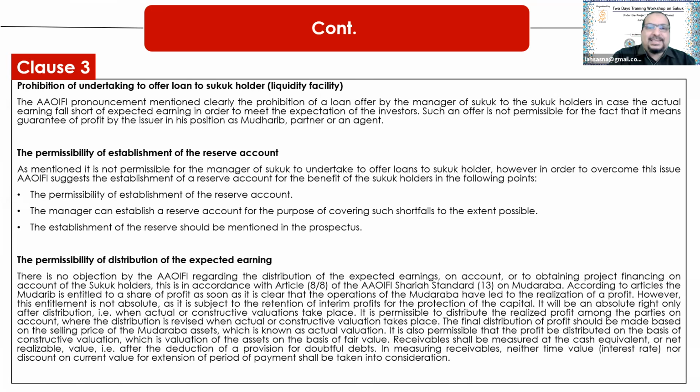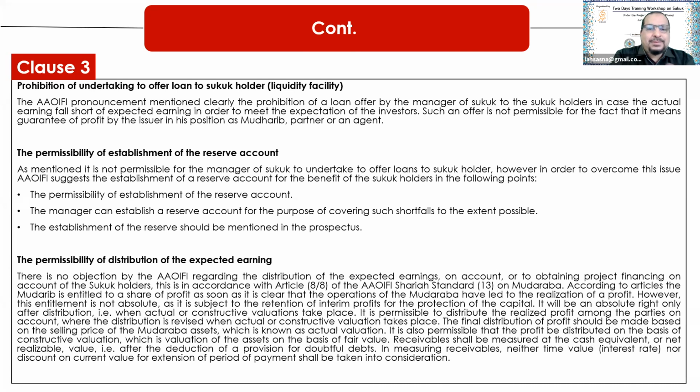But IOFI suggested a different method for the liquidity facility, by saying that it is allowed to establish a reserve. According to the IFSB, and also IOFI in some standards, though not in the pronouncement, the establishment of a profit equalization reserve is also allowed. So either you create a reserve account or a profit equalization reserve with the objective to smooth the return.